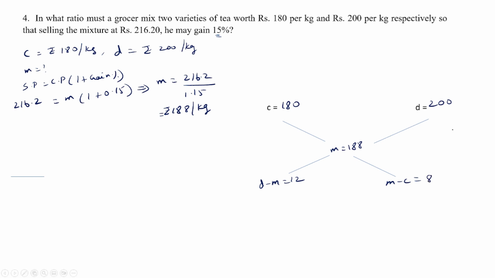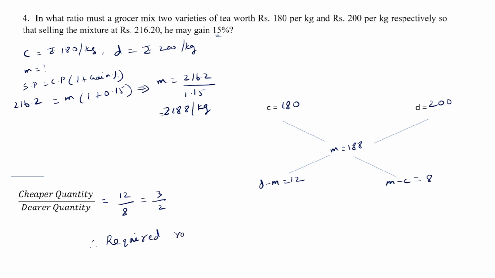So the required ratio of cheaper quantity upon dearer quantity is 12 by 8, or it is 3 by 2. Therefore, the required ratio is 3 is to 2. So the grocer has to mix the two varieties in this ratio.